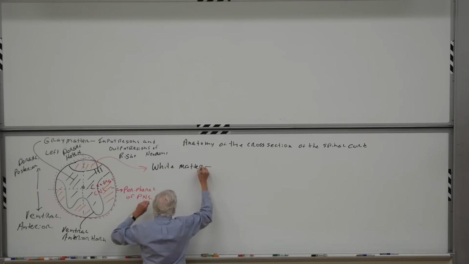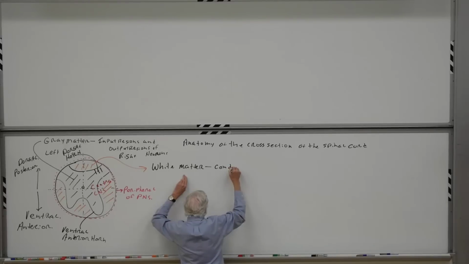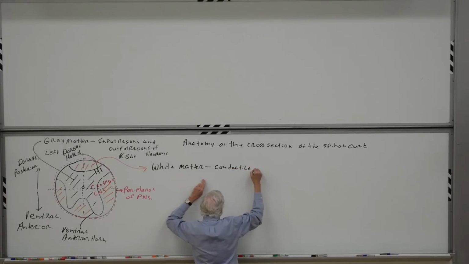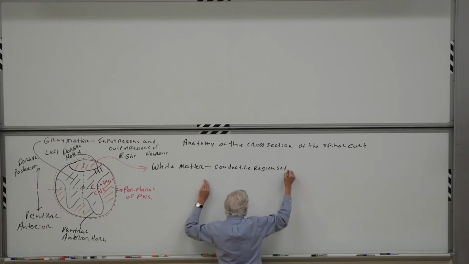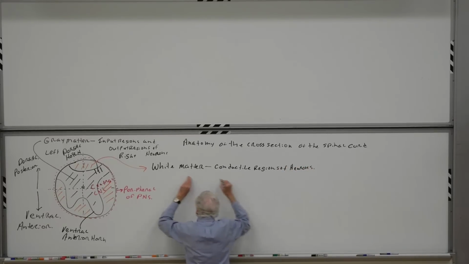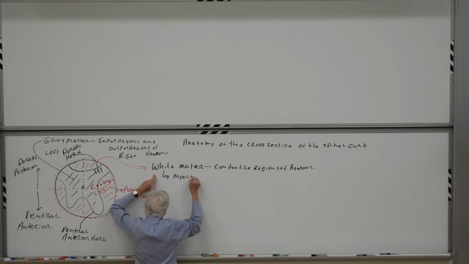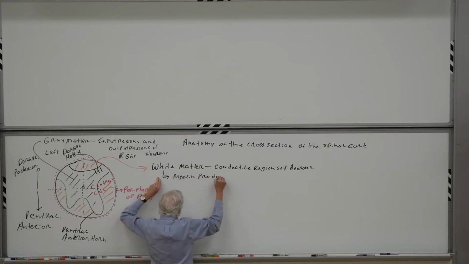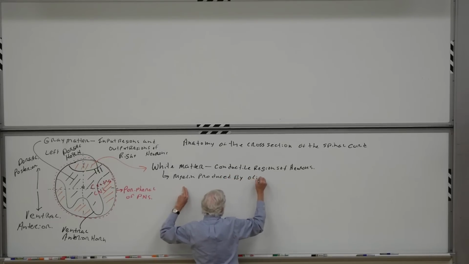The white matter is, in fact, conductal regions of neurons. The reason the white matter is white is because of the myelin produced by oligodendrocytes.